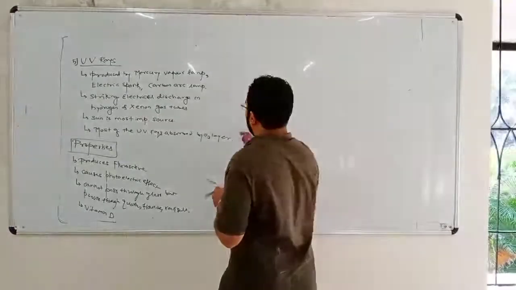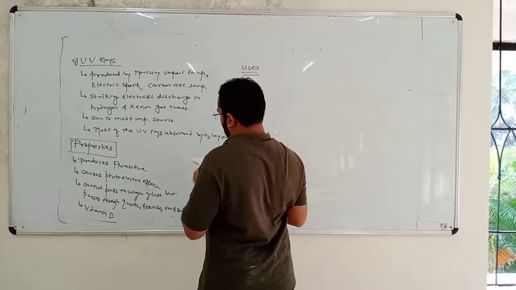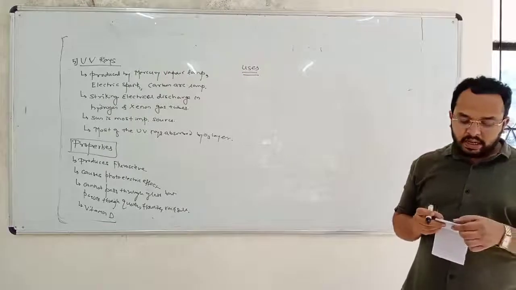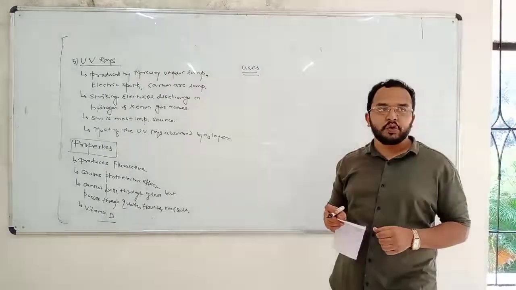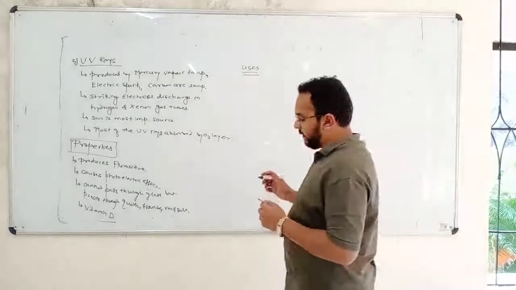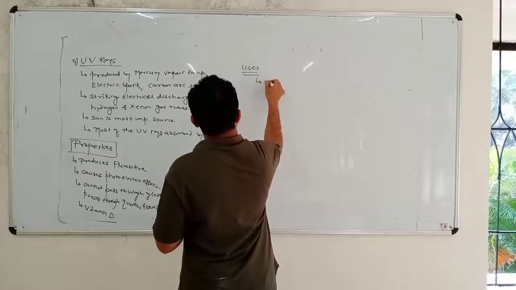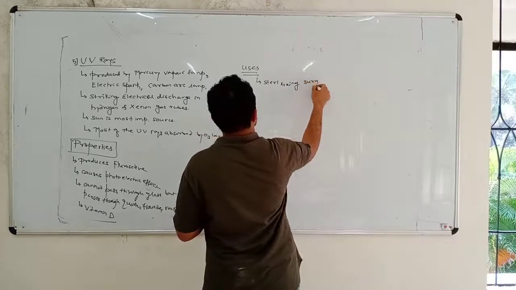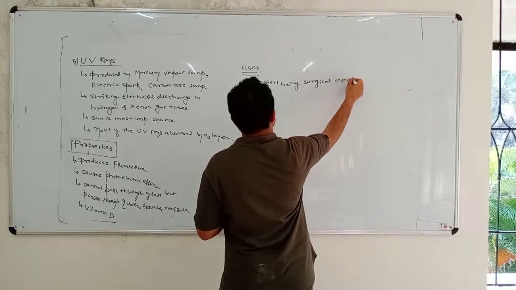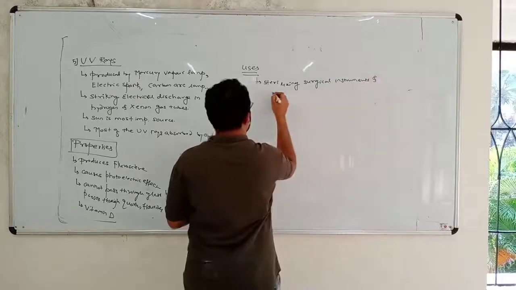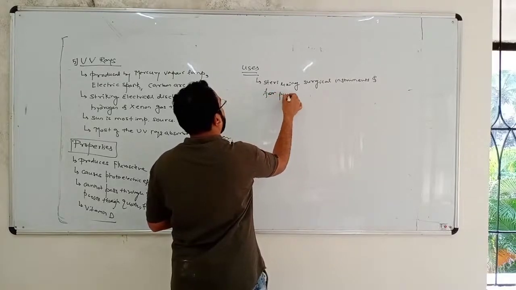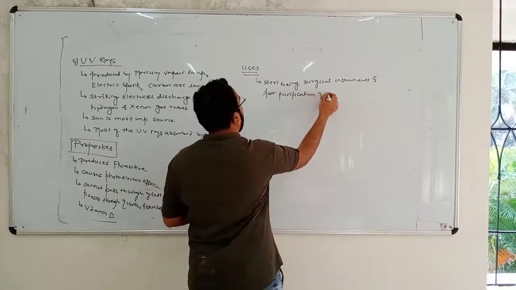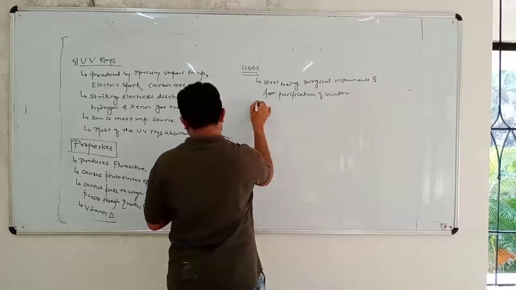UV rays destroy germs and bacteria, hence they are used for sterilizing surgical instruments and for purification of water. This is the main important use.